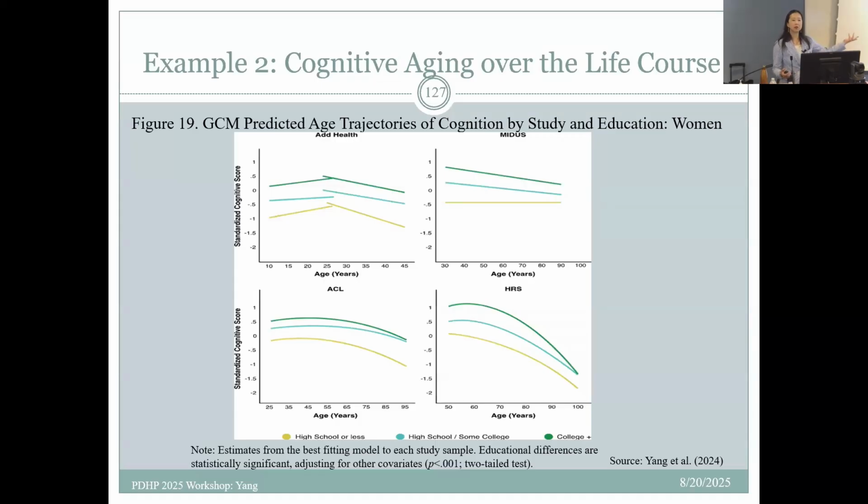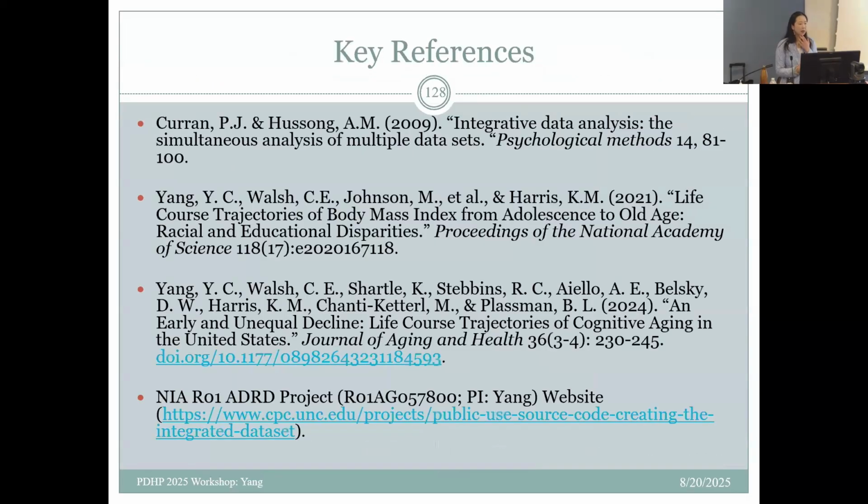So there's a ton of things you could still do even without pooling the data, but having a parallel analysis of the same measures, or measures operationalized the same way, using the analytic models that we introduced earlier that are sensitive to testing time-related changes. Here are some of the key references for all the examples I have shown, as well as the project website that provides the open source code for public access if you want to study something else with these data sets.